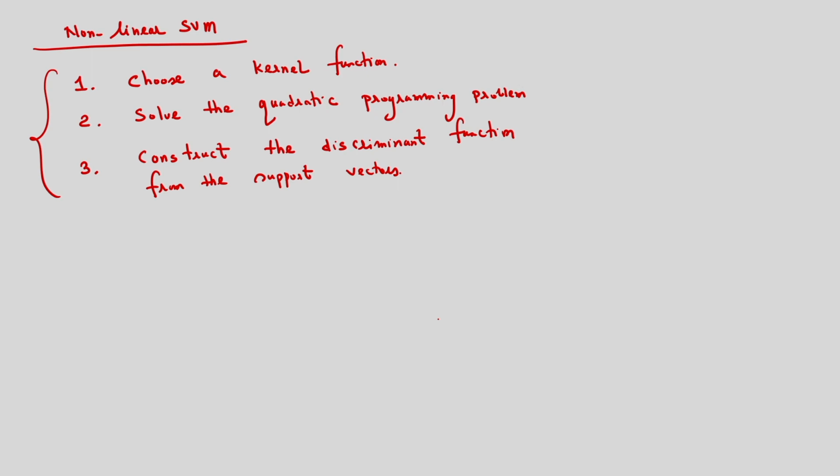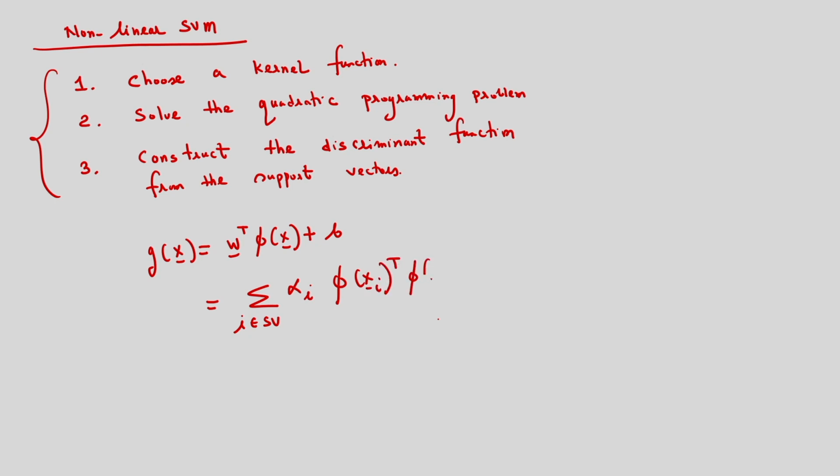In the expression for the nonlinear support vector machine, we obtain g(x), the discriminant function, which is something like w transpose phi(x), that is the mapping function, plus b. It is equal to the summation, only considering the support vectors, of alpha i phi(xi) transpose phi(x) plus b.